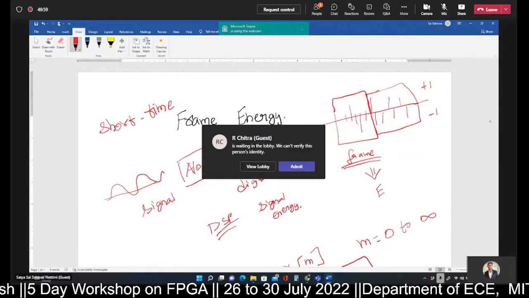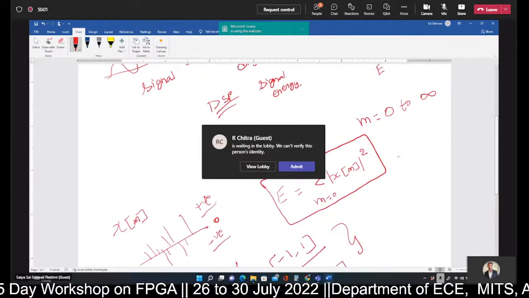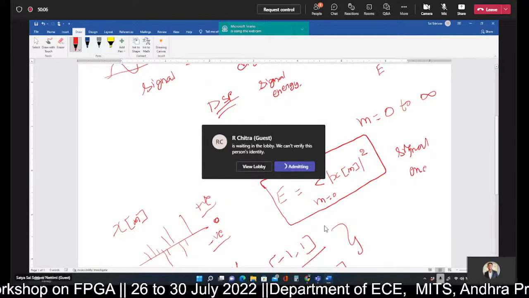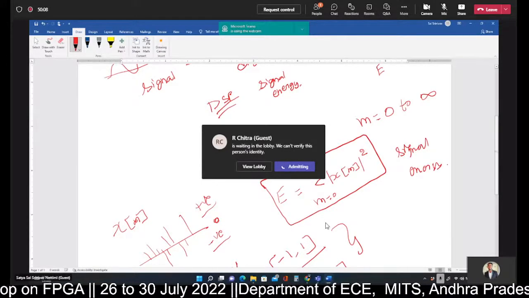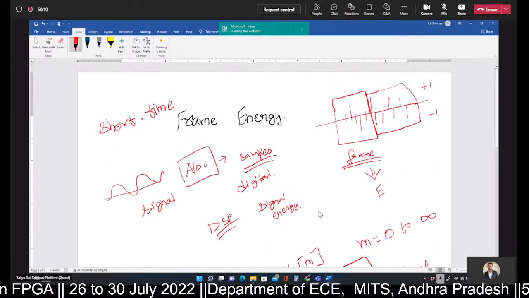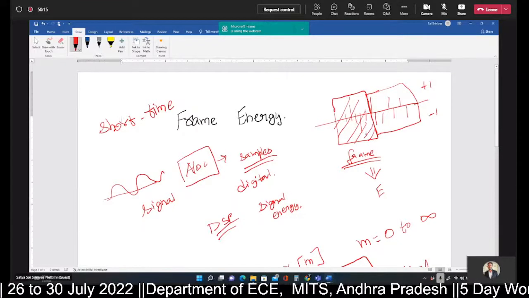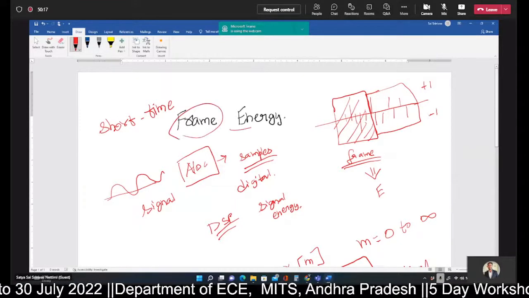So actually, the equation that I have given is a signal energy. Here the signal is of finite length, and we are calculating the energy of a speech frame having some finite number of samples. That's why it is called frame energy.